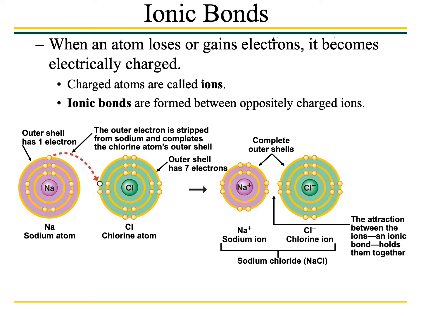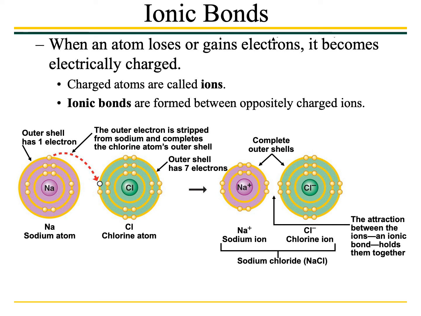We have sodium ion, which has a net positive charge because it has one less electron than it's supposed to. We have the chlorine ion that has a net negative charge because it has one more electron than it should have.